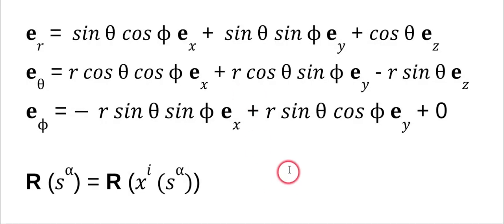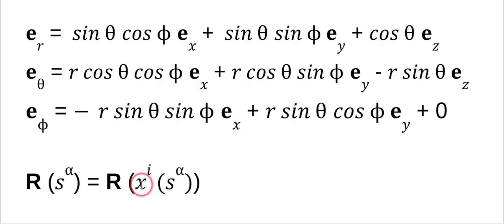Okay, now back to where we were. If we're interested in only studying the surface of that sphere, we have that position, we want to understand that position vector as a function of the surface coordinates, and they're written as S with a Greek index. But the surface coordinate itself is referenced to the ambient coordinates.